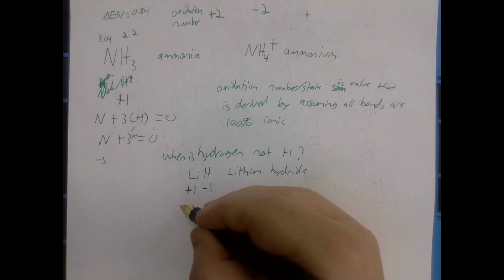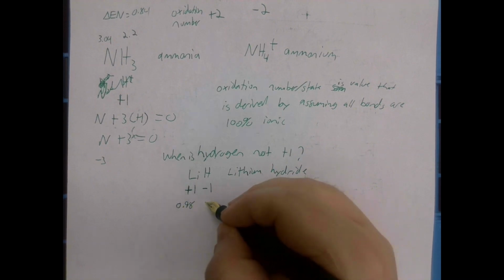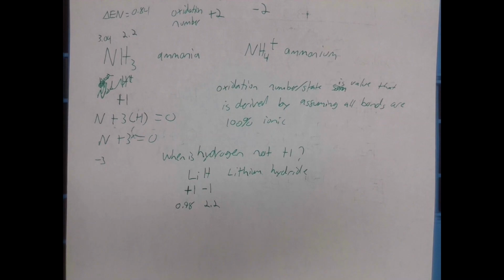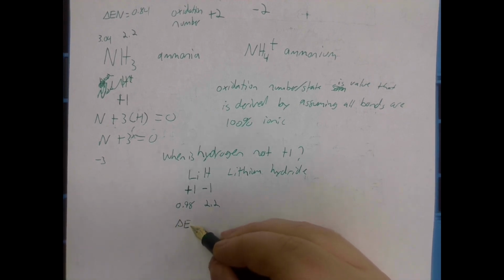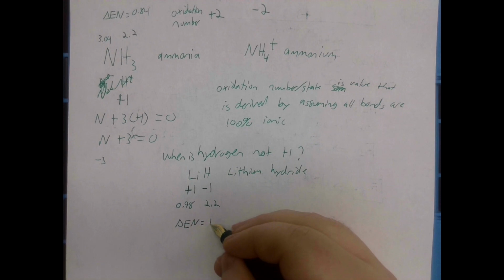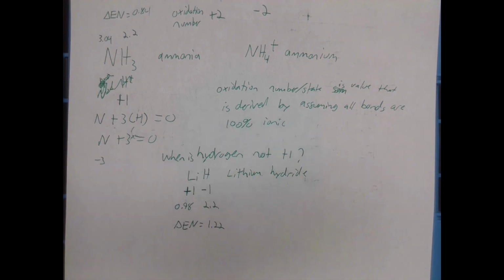So the EN for lithium is 0.98. Hydrogen is 2.2. The difference in EN is 1.22.